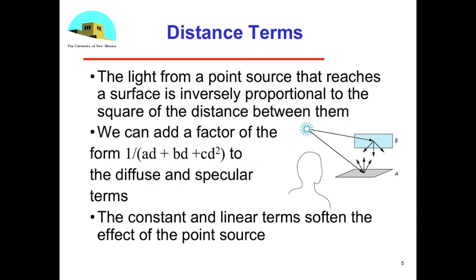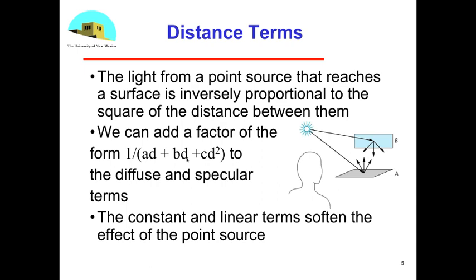The other thing is, just on an energy basis, we know that the energy is going to go down as the distance squared between the light source and the surface that it hits. So we can have a 1 over d squared term, but that tends to be a little harsh, so we soften it up by having some sort of quadratic term with a constant and a linear term. Actually, there's a little error here. This should just be a constant a, not a times d, but a quadratic term. I'll leave this out in most of what we have, with the understanding that it's easy to stick in later.